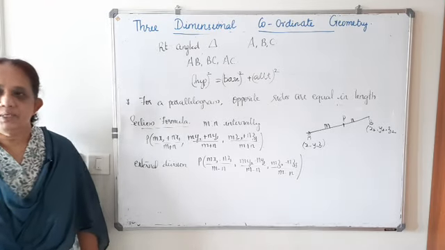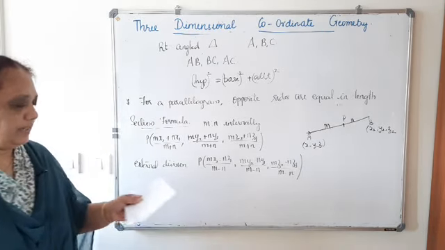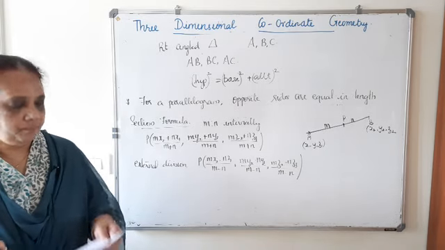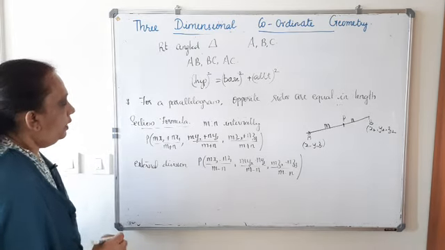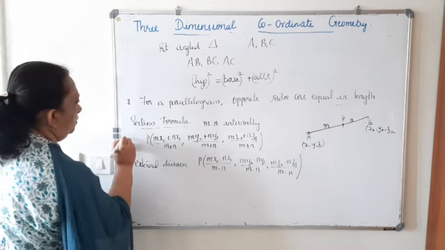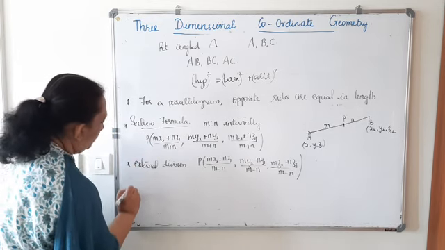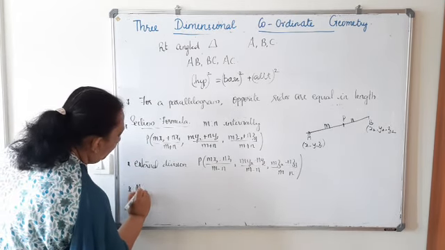If the division is an external division, this is how you get the coordinate. Internal division, external division. Next one is the midpoint formula.